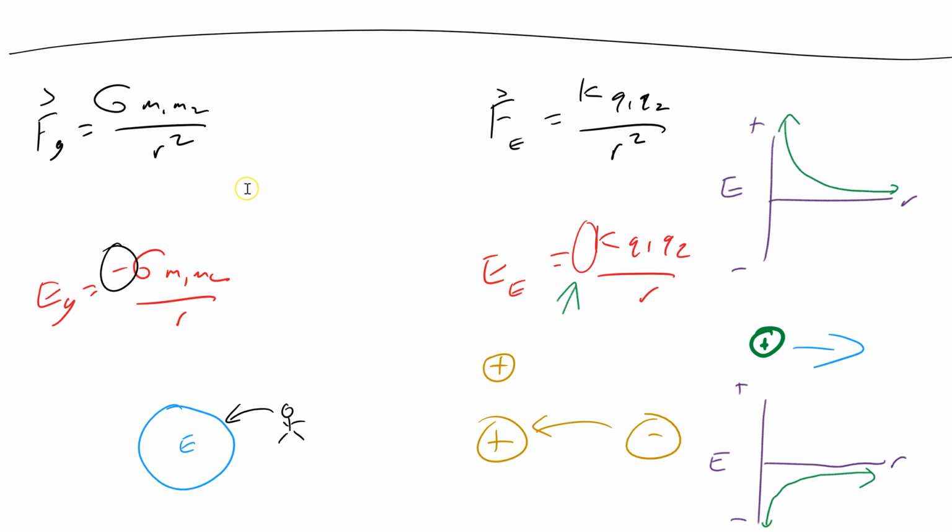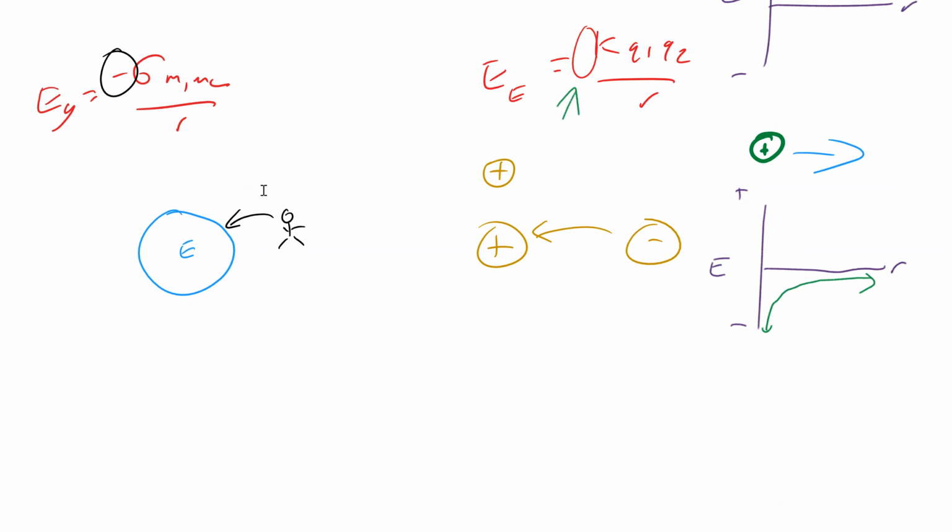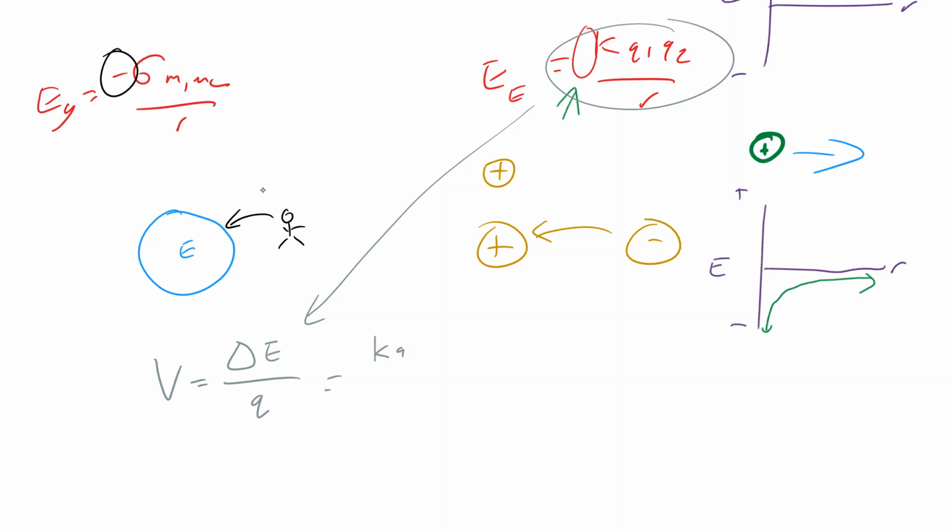So if we think back to grade 11 chemistry for a moment, we learned about potential difference, or electric potential difference. We called that V. You know this as voltage. And the formula we learned last year was looking at how much change in energy there was per unit charge. Now we established from up here what E can represent. So if we go ahead and plug this in, we're going to end up with K Q Q over r, over Q. And automatically, we can sort of cancel out two of these Q's.